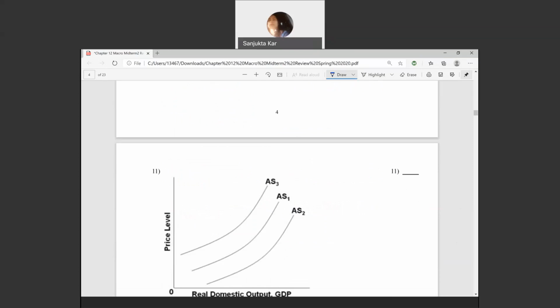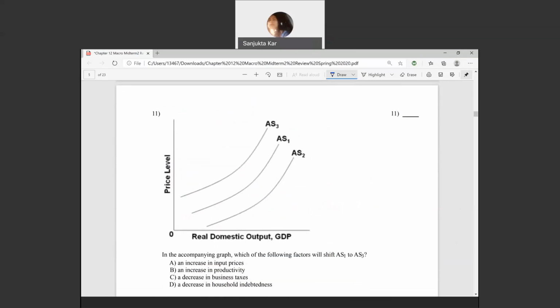Now question number 11. In the accompanying graph, which of the following factors will shift the aggregate supply curve from AS1 to AS2? So the aggregate supply is increasing here, and we look at the following answer choices. Definitely not this one, which is an increase in input prices.